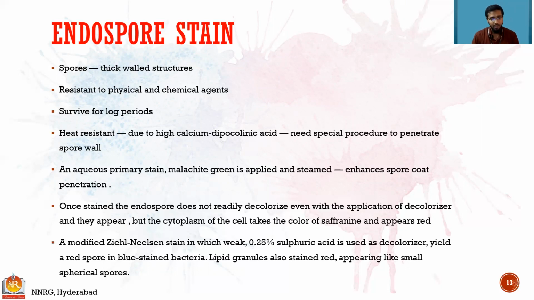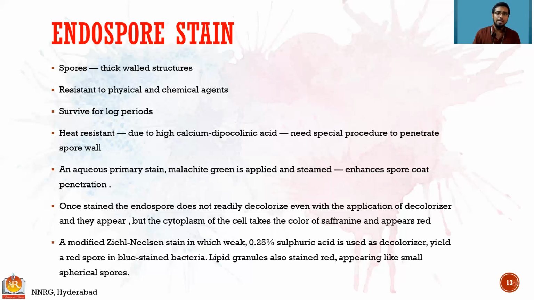We'll see that. An aqueous primary stain, that is malachite green, is applied and steamed. The reason for adding malachite green and giving steam is to enhance spore penetration. Basically, when we heat something, it gets loosened, right?